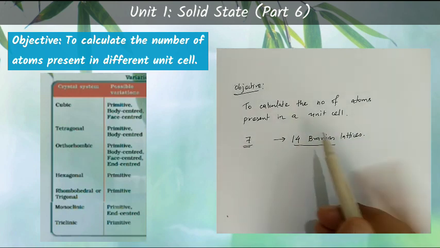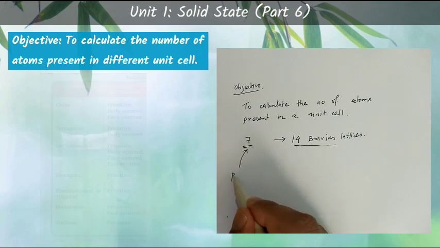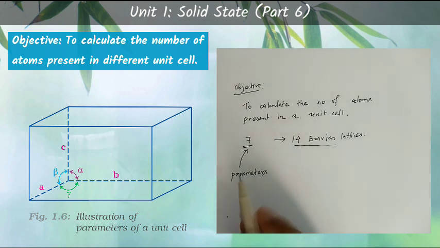We know that the 7 crystal systems are classified on the basis of the parameters of characterization, those are the edges a, b, c, and the angles alpha, beta, and gamma.